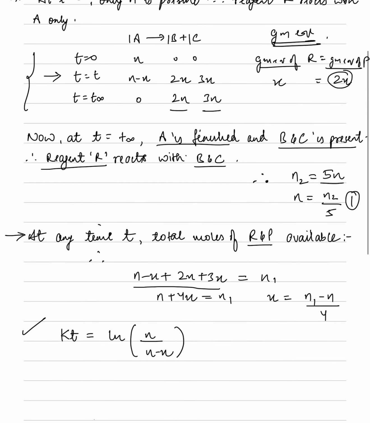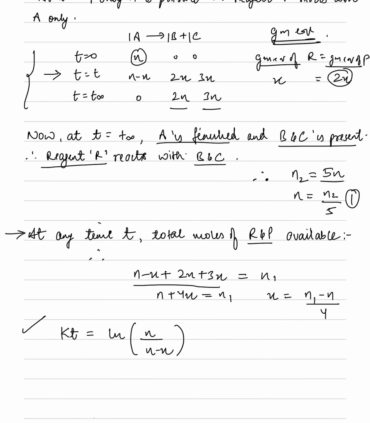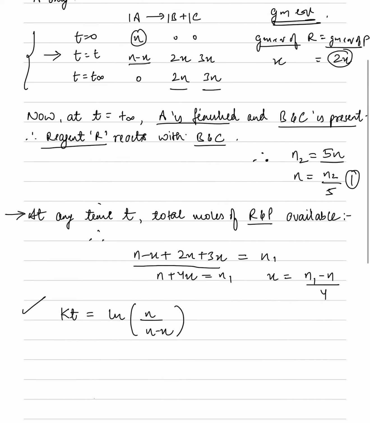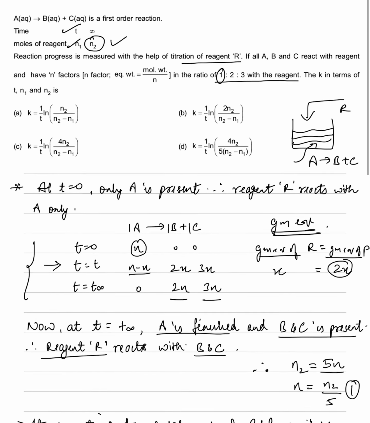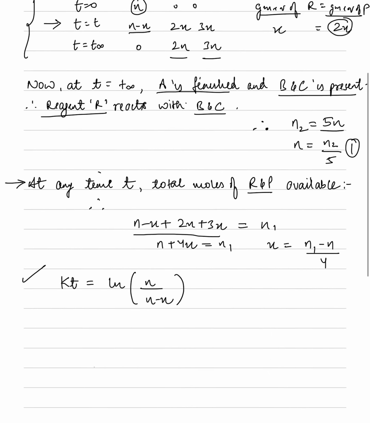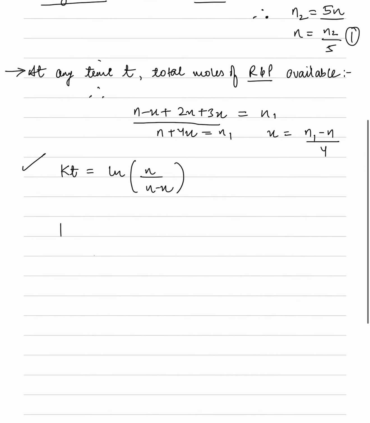At t equal to 0, we had n moles of A. At any time t, we have n minus x moles of A. So directly putting the value of n and x in this equation, because we need the answer in terms of t, N1 and N2, let's say kt is equal to ln of n, which is in terms of N2, so N2 by 5 upon n minus x.